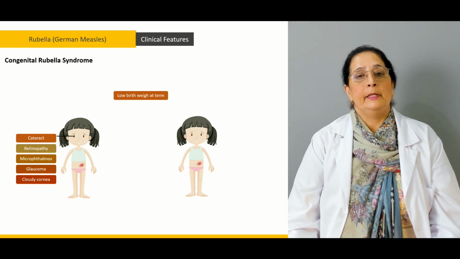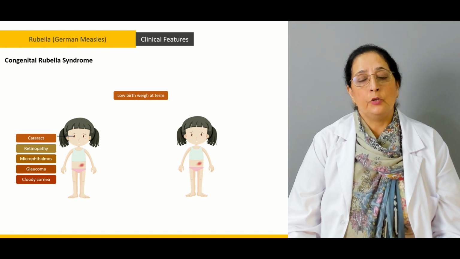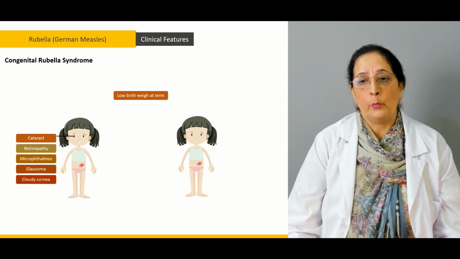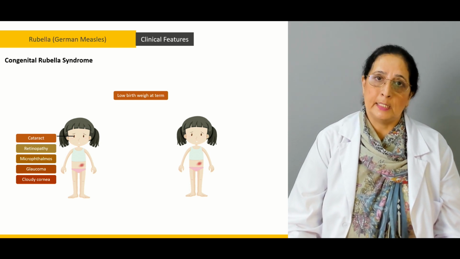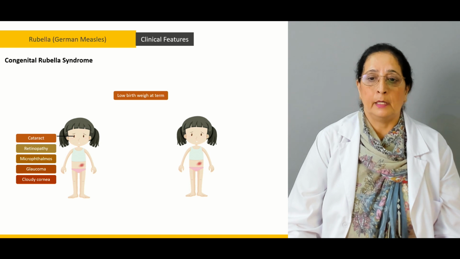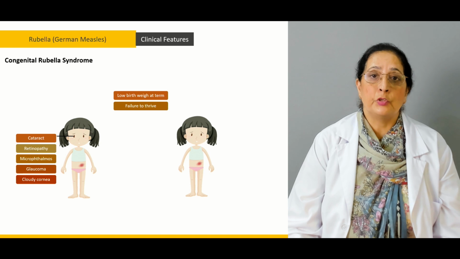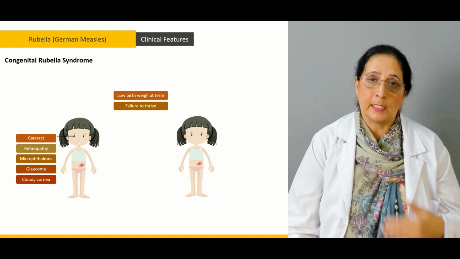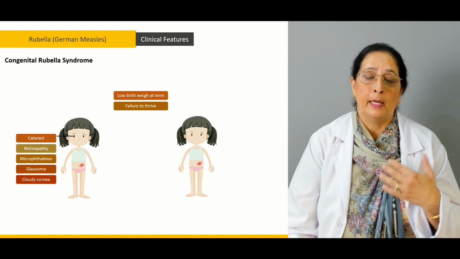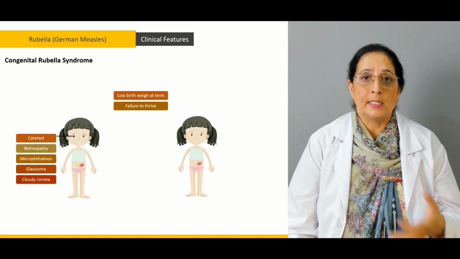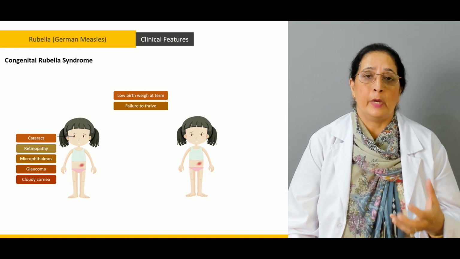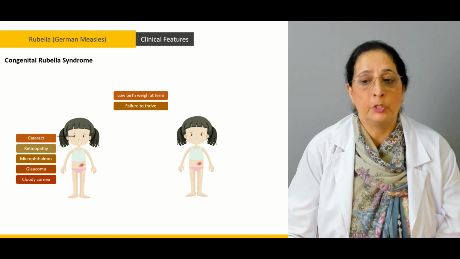Next, babies with congenital rubella syndrome are low birth weight at term. Their weight is not normal. They are low birth weight babies. They have failure to thrive. Mortality rate is high. Complications are high. They are weak, wasted, low birth weight, and they have failure to thrive.